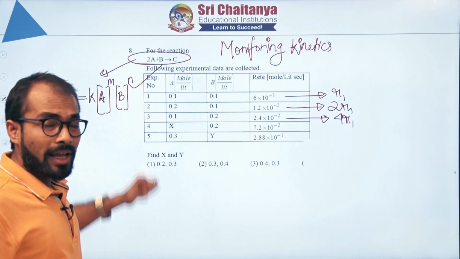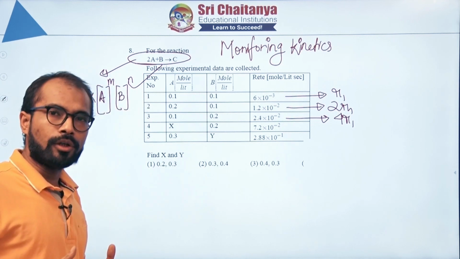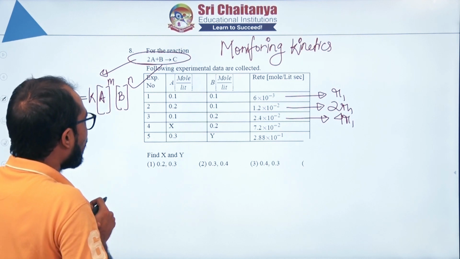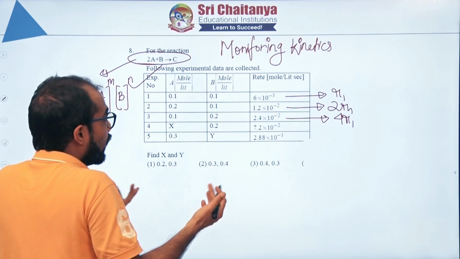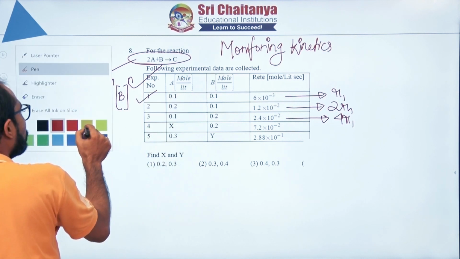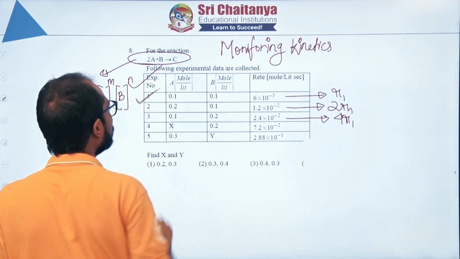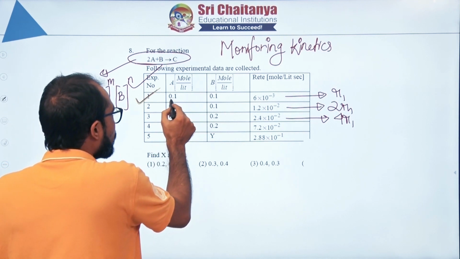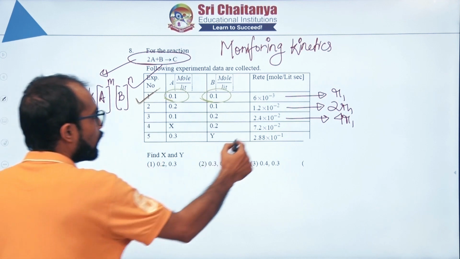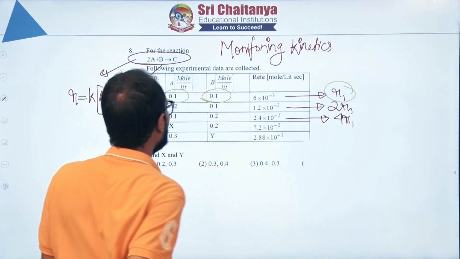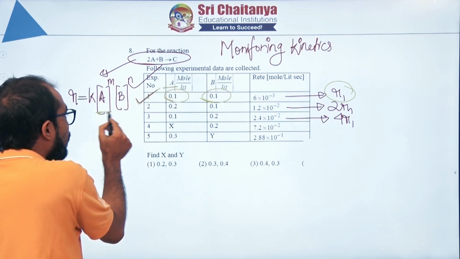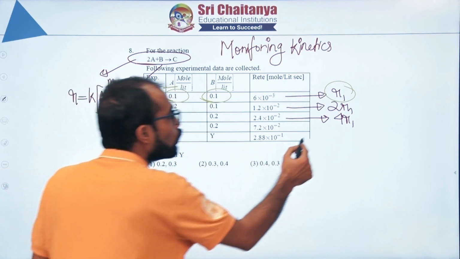If it is a complex reaction, then it is not equal to the stoichiometry, right? Now, please pay your attention to what you are doing from the first data. Here you can see when the concentrations are these particular values for A and B, we are getting the rate to be R1. Now, what you are doing, you are doubling the concentration of A. That means this value has been doubled. And the rate also became doubled.